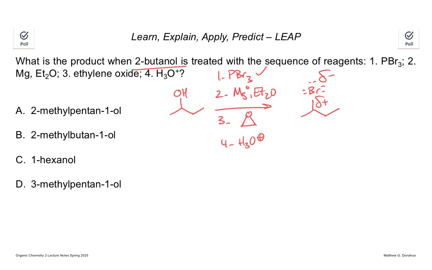You remember what magnesium will do to an alkyl bromide? It's going to invert the polarity to form a carbon anion. So now essentially that carbon is negatively charged, so it's a nucleophile.